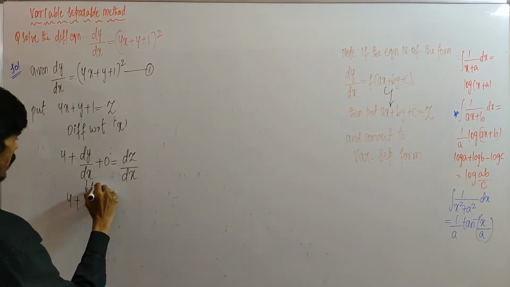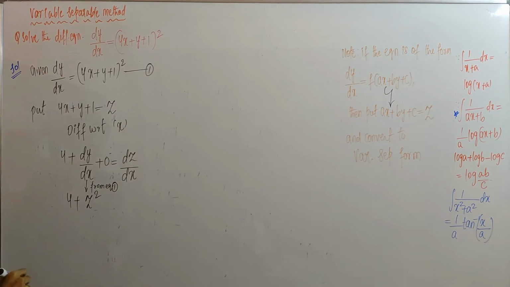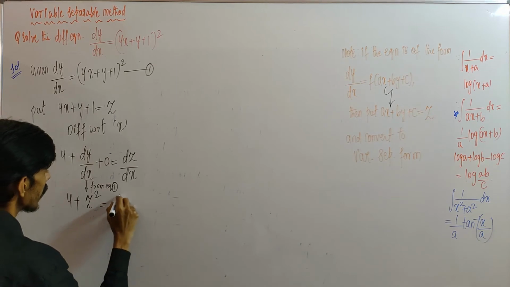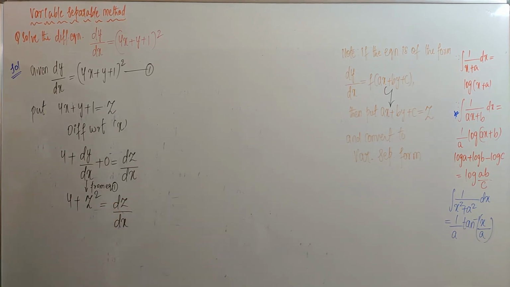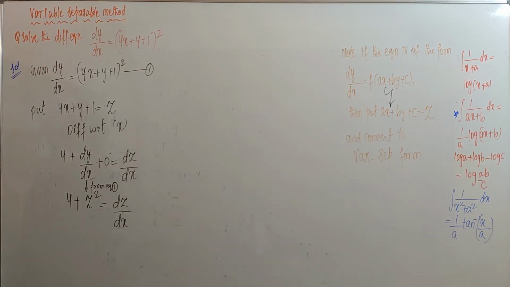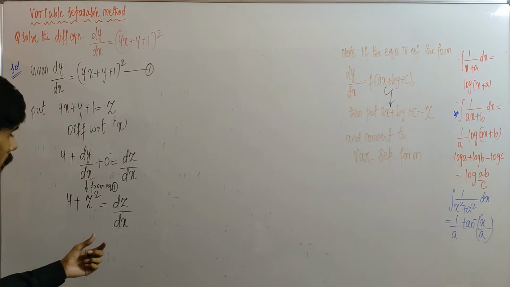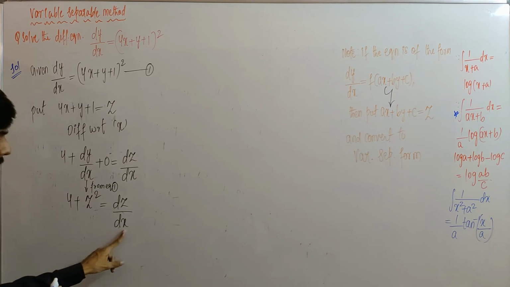From equation 1, dy by dx value is z square. Keeping this as z square, here we have dz by dx. Now we have only one type of derivative, dz by dx. Now this can be converted into variable separable form because we have two variables, one is x and the other is z. Now rearrange this.